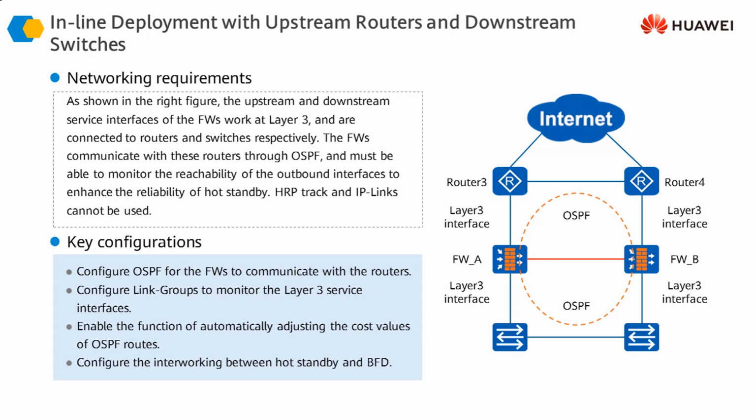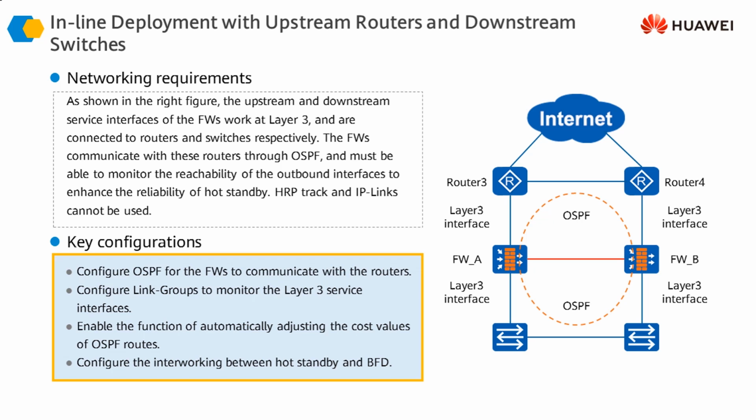In the third scenario, we can have routers on this side and switches on this side. In this case, you can see that we configure OSPF for the firewalls to communicate with the routers on this side. And then we configure what we call link groups. We have not covered link groups so far; we'll be discussing them in the next video.